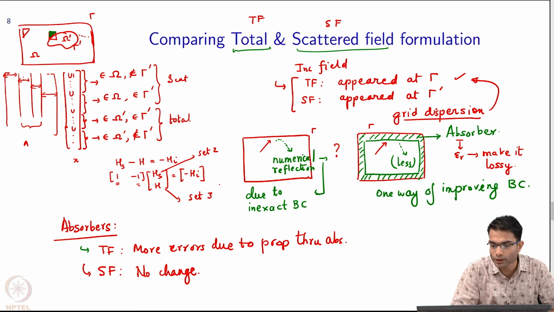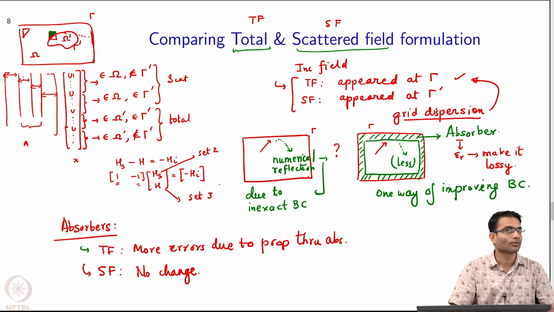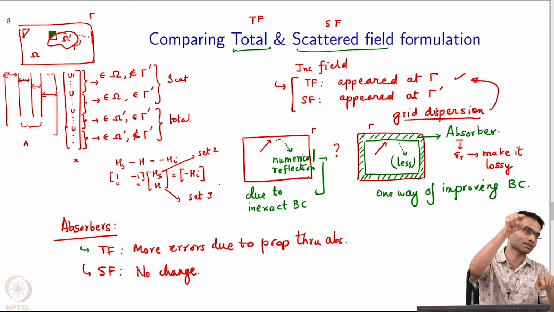What will be the value of H incident inside in omega, in some interior? Well, you would have to calculate it. You are telling in your system of equations the value of H incident only on gamma. You are asking what is H inside at some point. What are you asking? H or H incident or H scattered?